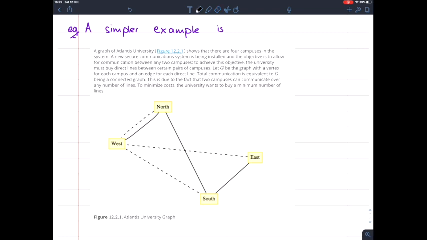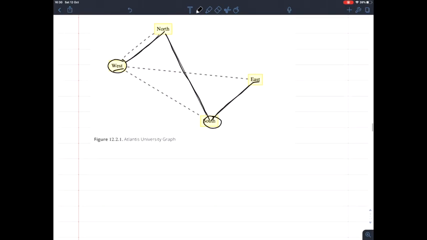So for example, if we wanted to connect the West Campus to the South Campus, we could send the message from West to North and then from North to South. And in fact, if you wanted to connect West and East, then you take that same route and then send the message on from South to East. And in this way, you see that you can actually communicate between any 2 campuses, but we've only used 3 edges. So this is the kind of thinking that goes into optimizing networks.